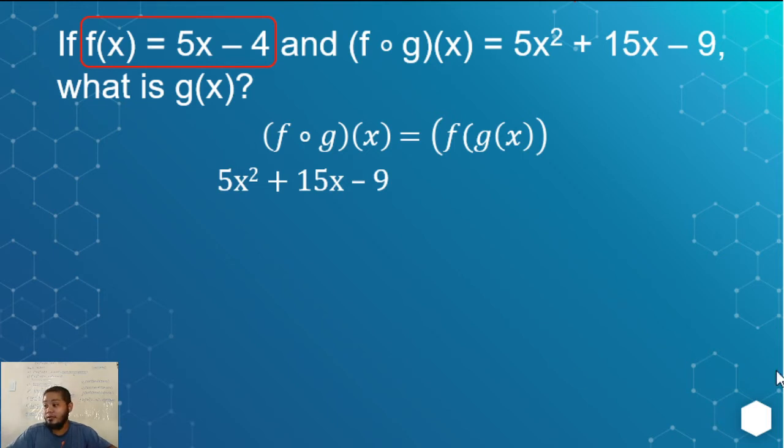So let us proceed. So we will have 5 times g of x minus 4. Just like what I've said a while ago, all of the x's in f of x will be changed into g of x. Now let us solve for g of x. For us to solve for g of x, I'm going to change g of x into y.